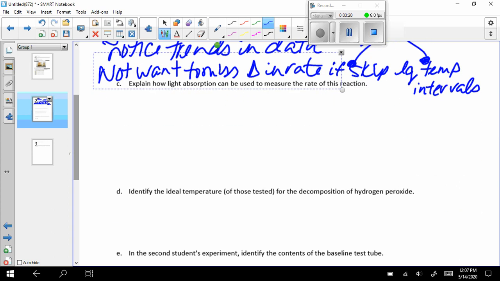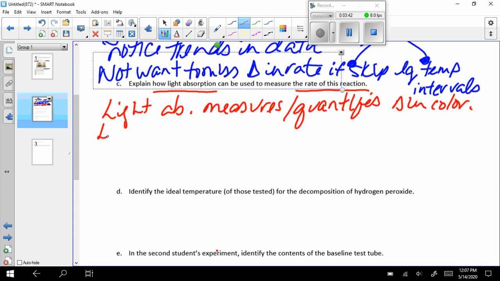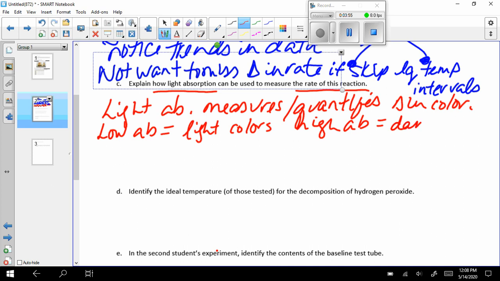Okay, next one. Explain how light absorption can be used to measure the rate of the reaction. Okay, so light absorption measures or quantifies changes in color. Low absorption is what you get when you have light colors. And high absorption is what you get when you have dark colors.